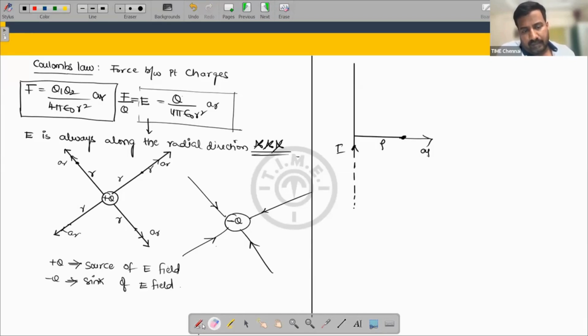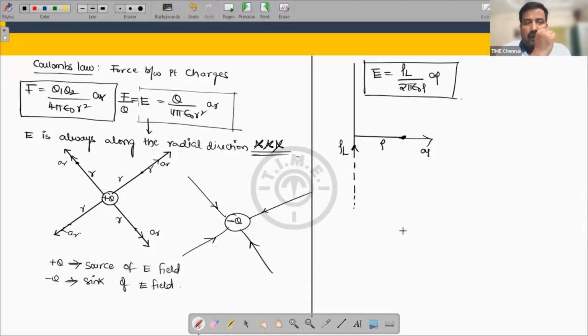Now, if this line is carrying a line charge rho L, you can give electric field E is rho L by 2 pi epsilon naught rho a rho. Clearly again, electric field is along the radial direction.